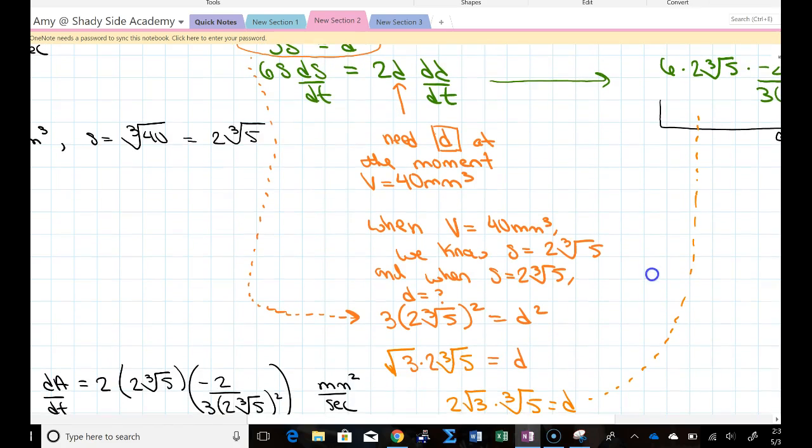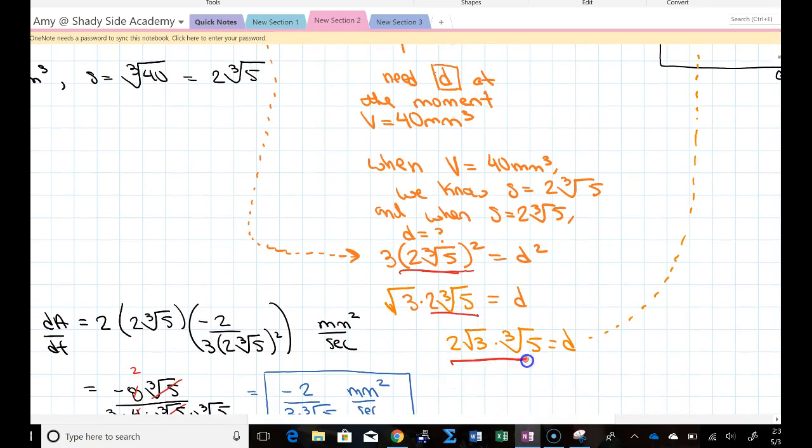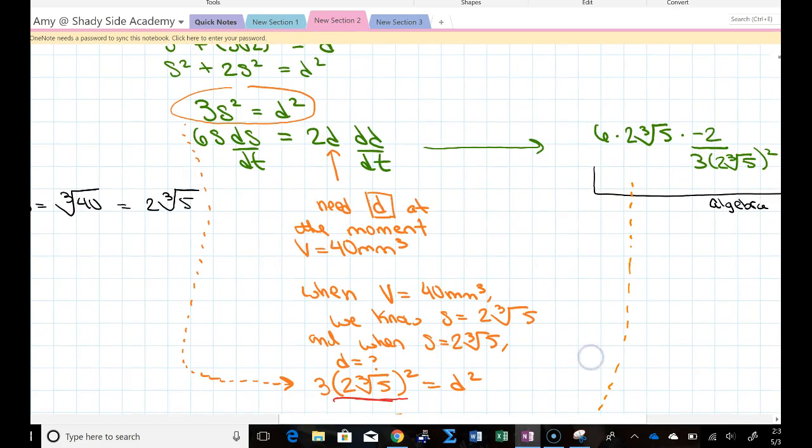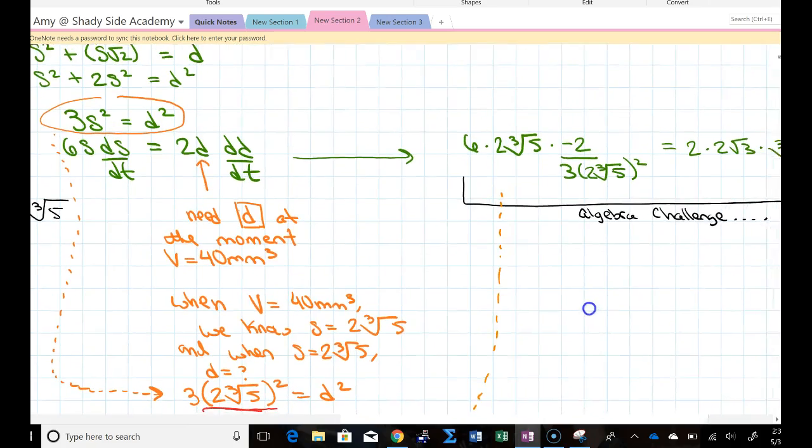And then a little bit of arithmetic again. Look at this. Be really careful, everyone. When I square root both sides, the square root will undo this being squared. That's why this is right here. But I'm still square rooting 3, okay? So then D equals this. No, I cannot combine these two radicals. One is a cube root, one's a square root. But now I have found D at that moment in time.